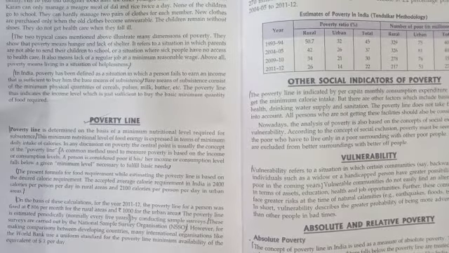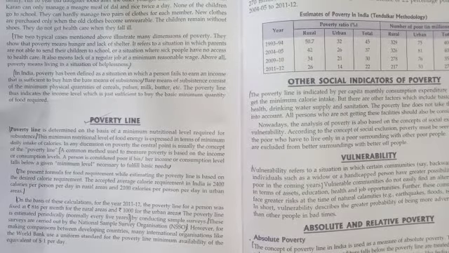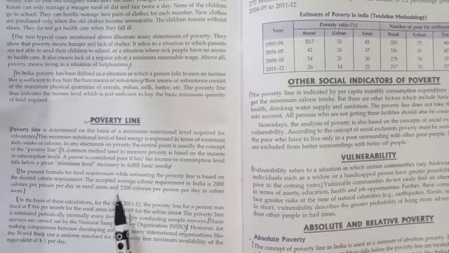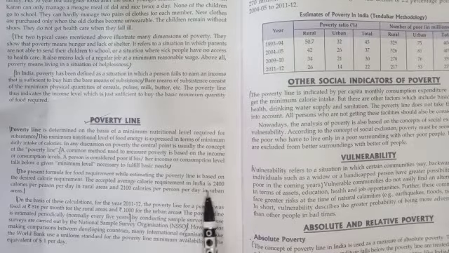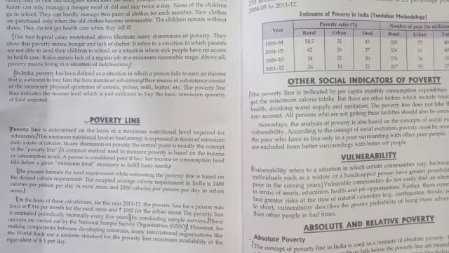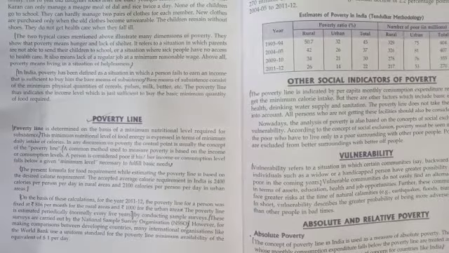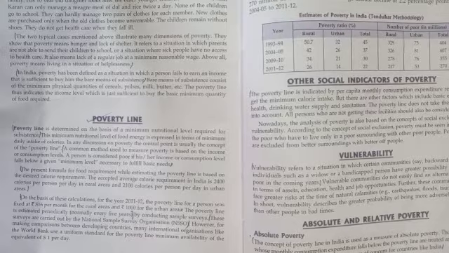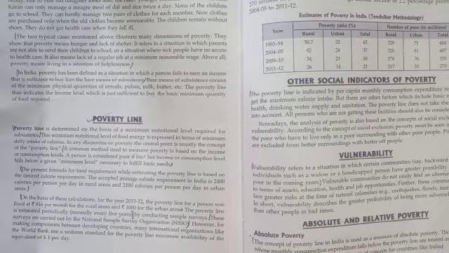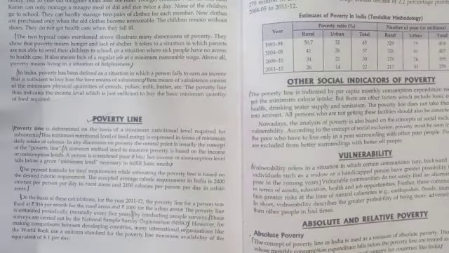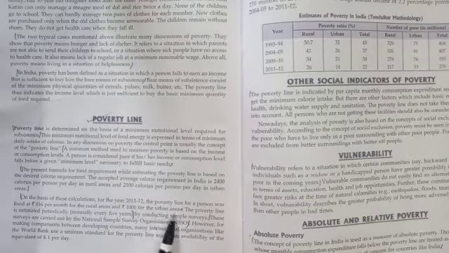The accepted average calorie requirement in India is 2,400 calories per person per day in rural areas and 2,100 calories per person per day in urban areas. On the basis of this calculation, for the year 2011-12, the poverty line for a person was fixed at rupees 816 per month for rural areas and 1,000 for urban areas.